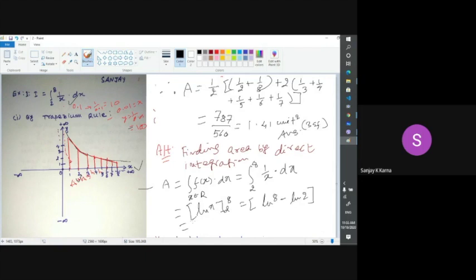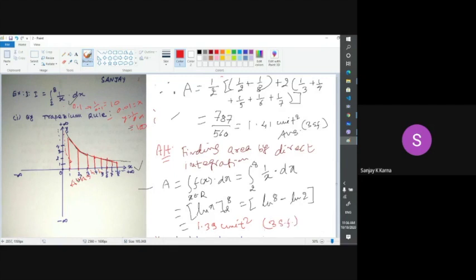So the value I obtained is 1.386, which we can write as 1.39 square units, if I round this off up to 3 significant figures or 2 decimal places.